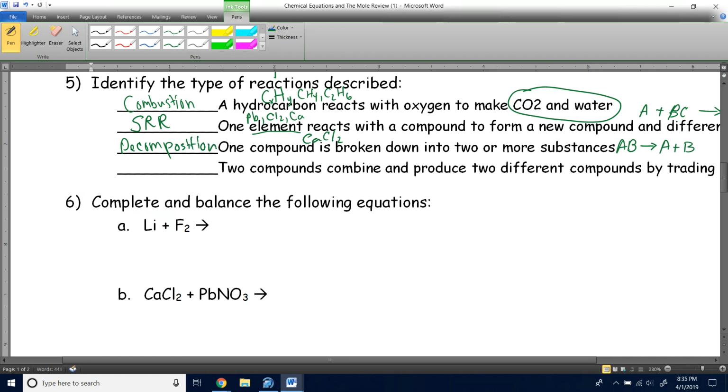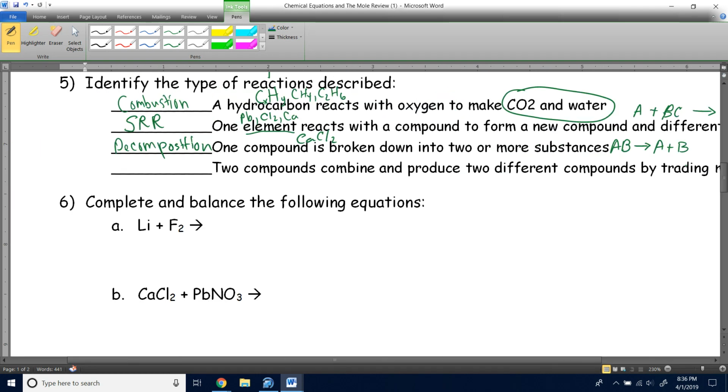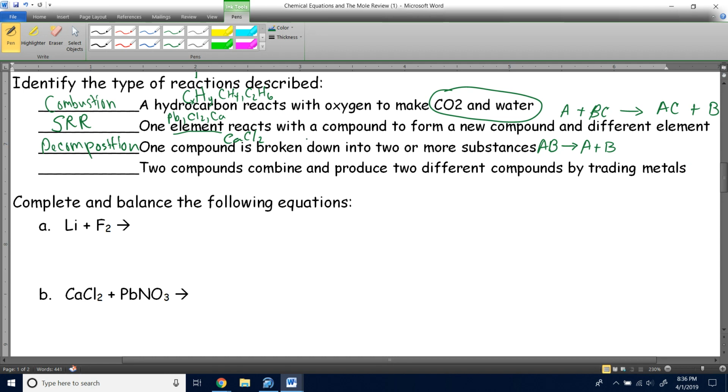Decomposition reaction. And that means the last one, two compounds combine and produce two different compounds by trading metals. That sounds a lot like something like this: AB plus CD gives us AD plus CB.